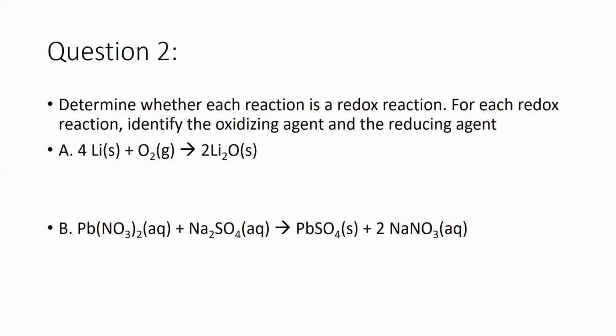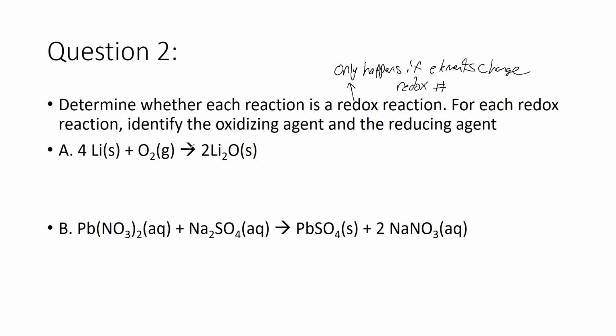So question 2. I want you to first tell me if we have a redox reaction. So let me define that. A redox reaction only happens if elements change redox numbers.